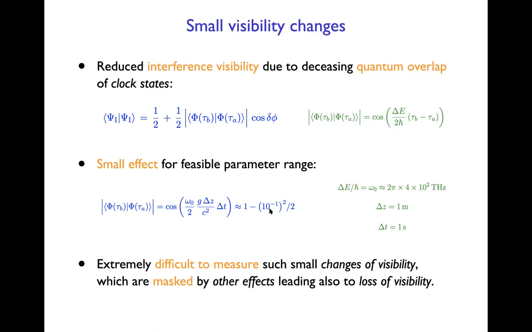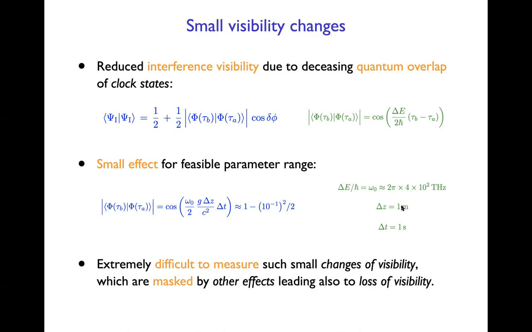This is because atom interferometers are particularly well suited to measure small phase shifts, small differences in the phase accumulated along the two arms of the interferometer, but they are not particularly good at being very accurate to small changes of visibility, because there are many other spurious effects that can lead to such small changes of visibility in a practical implementation, and they could easily mask these small effects. So from a practical point of view, it's extremely difficult to measure such small changes of visibility.